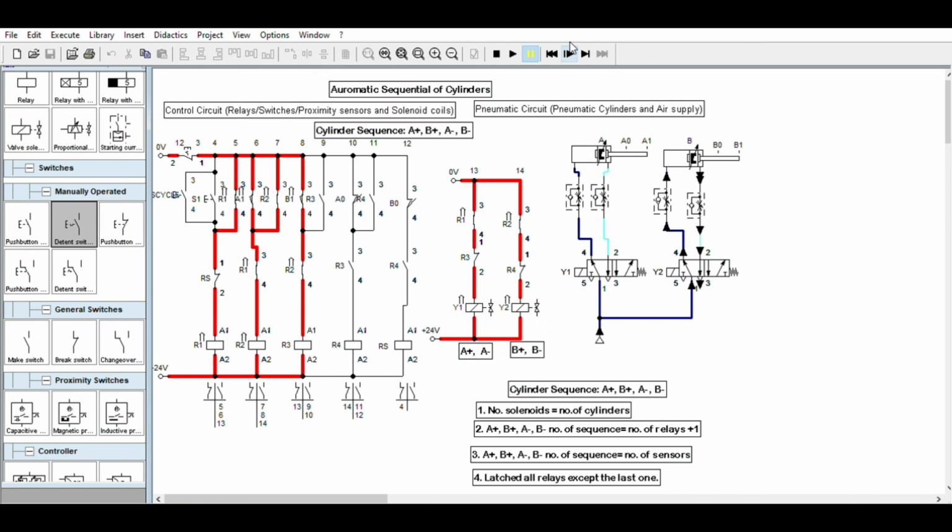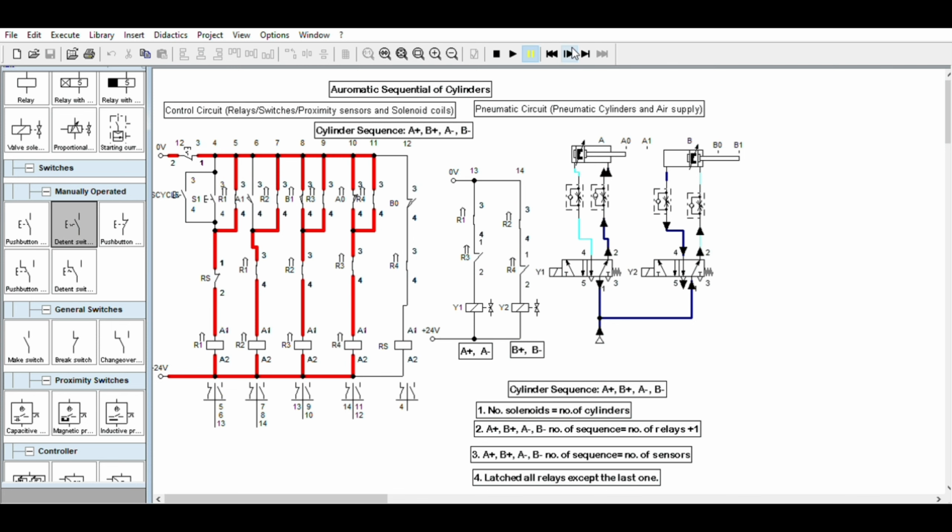B1 will turn on. Pre-release on. Sensor A0 will trigger the retraction. B1, the retraction of A. A0 triggers the retraction of B1.